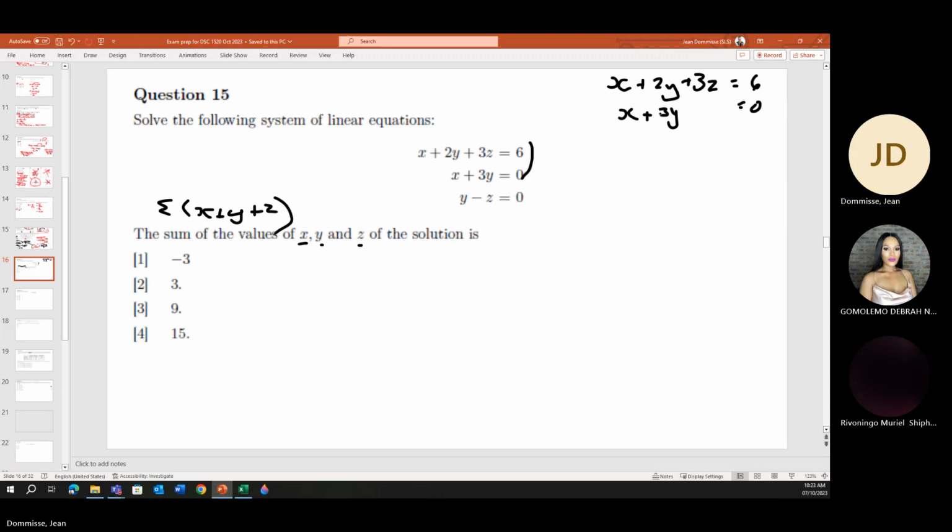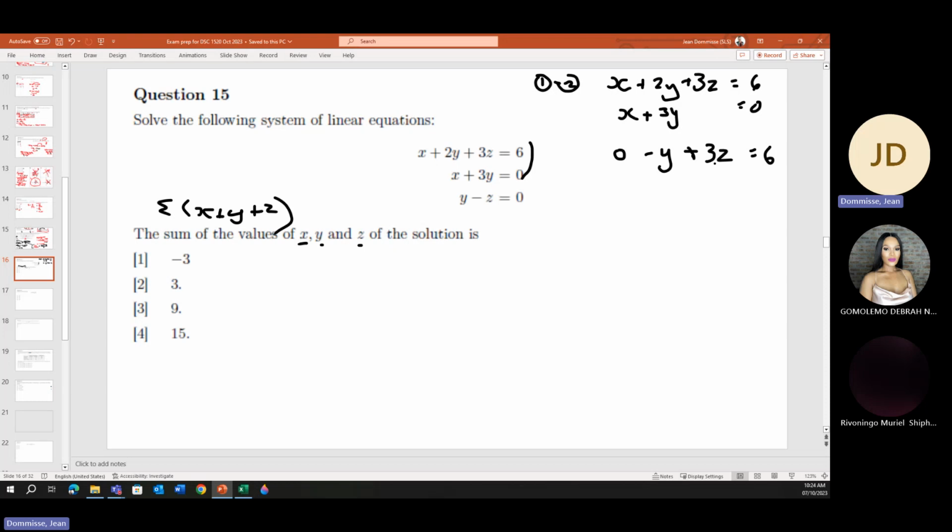So if I now say this minus that one, so 1 minus 2: x minus x is 0, 2y minus 3y is minus y, 3z minus nothing is plus 3z, 6 minus 0 is equal to 6.